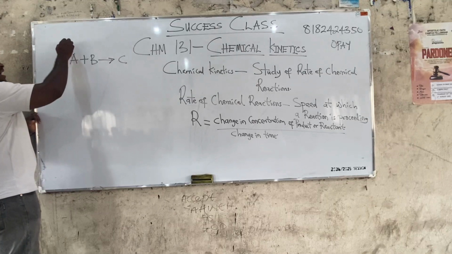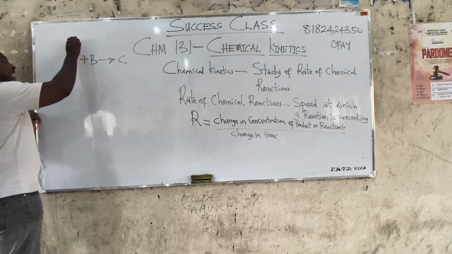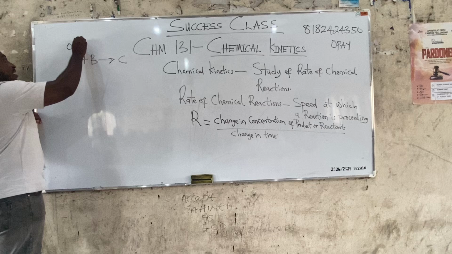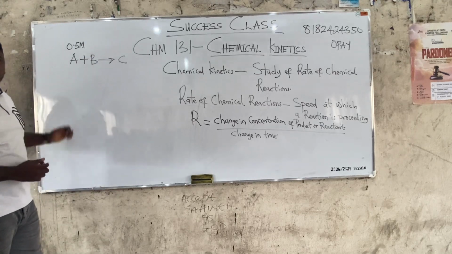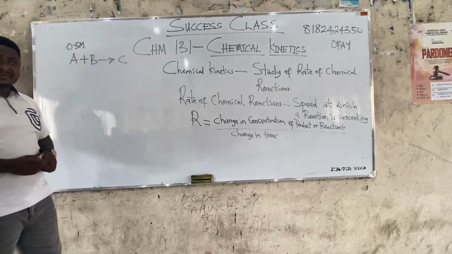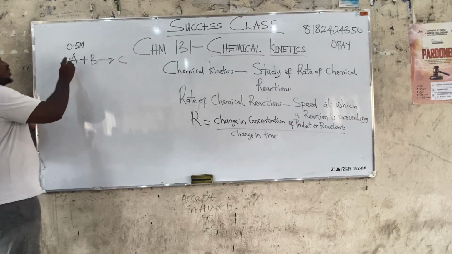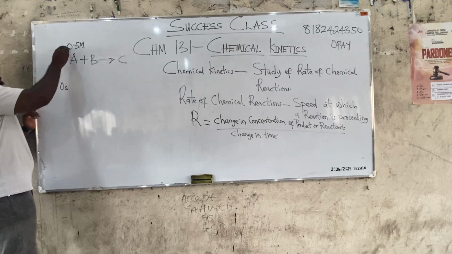Let us say that this reactant has an initial concentration of 0.5 M, and by M, I believe we know that it means mole per liter or mole per dm3. Before the reaction started, the time is 0 seconds. So this is the initial concentration.